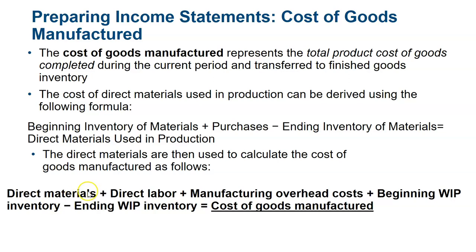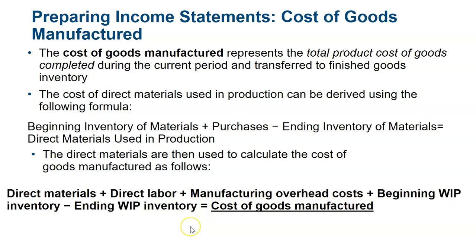So again, direct materials that we've calculated up here, plus direct labor, plus manufacturing overhead costs, plus our beginning work in process inventory, and minus our ending work in process inventory is going to give us our cost of goods manufactured.